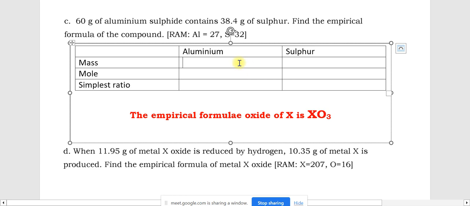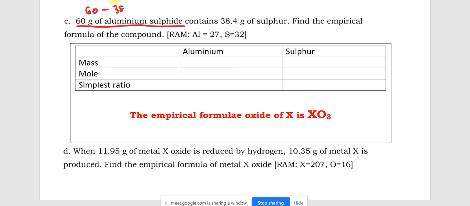Another trap, look. 60 gram is aluminium sulfide, not aluminium only. So you need to take the 60 minus the 38.4, the sulfur. What do you get? 21.6. And this one remains 38.4.